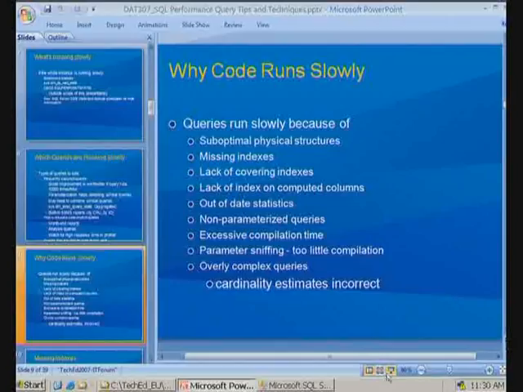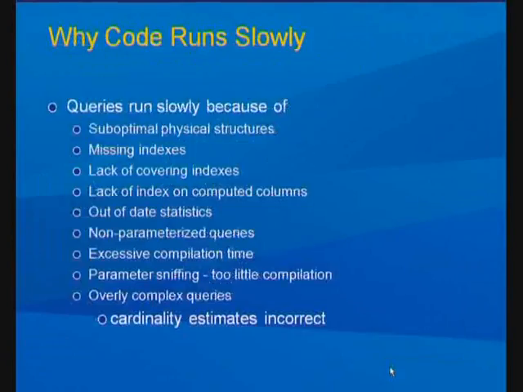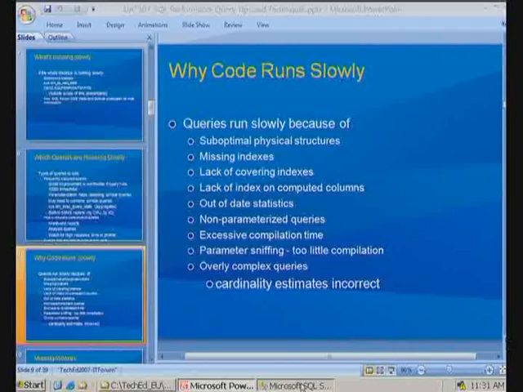Next one, out-of-date statistics. SQL Server automatically generates statistics against two items. It will generate single column statistics if you need those statistics, and it will generate statistics on indexes. I want to show you these because in this version of SQL Server, those statistics even appear in the graphical user interface.